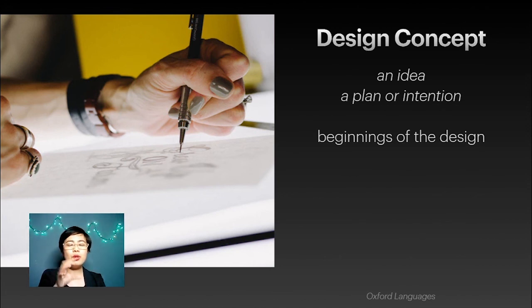So, yung object na mahahawakan mo, for example, itong mouse na to, pwede akong ma-inspire ng shape niya, or pwede akong ma-inspire ng kulay niya, but it has to be related to the design problem and the context of the design.